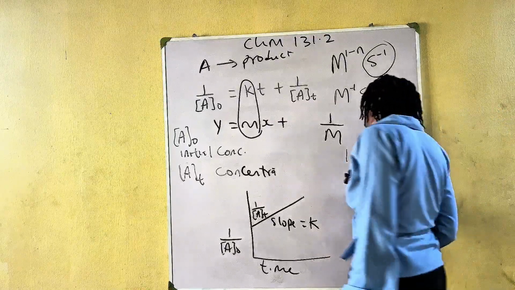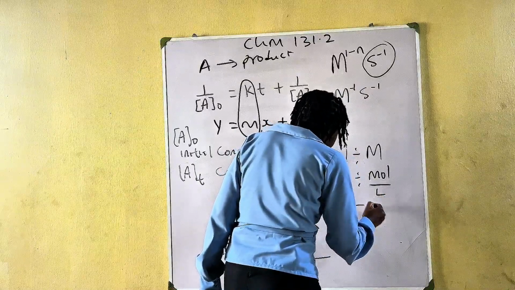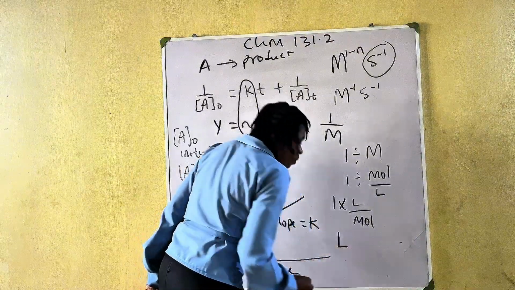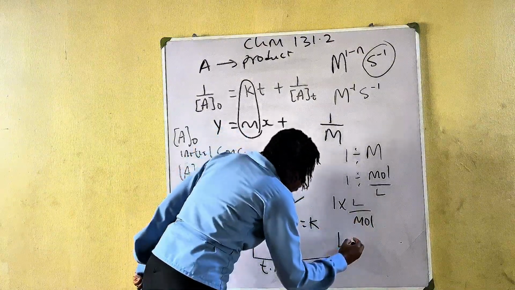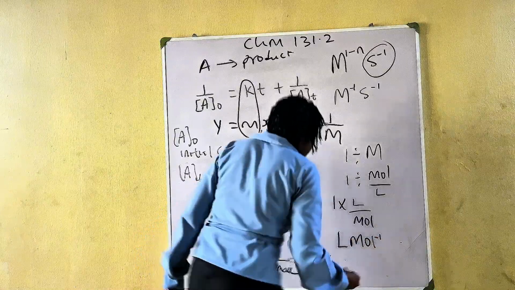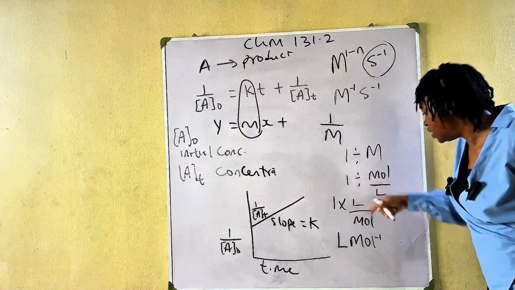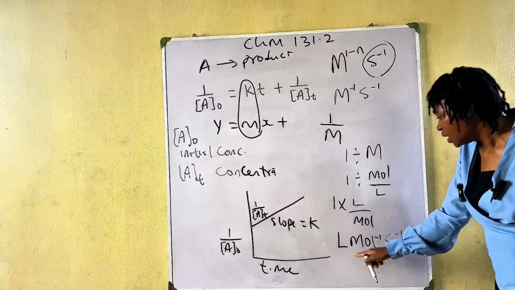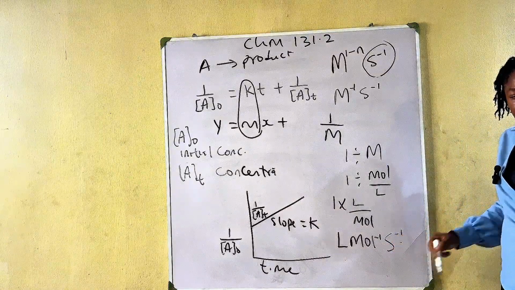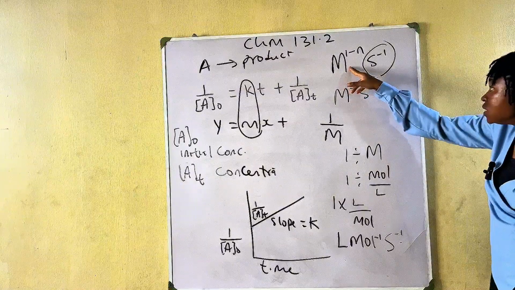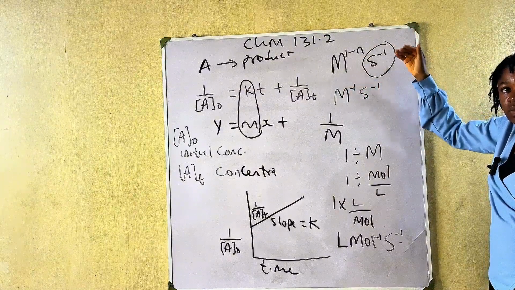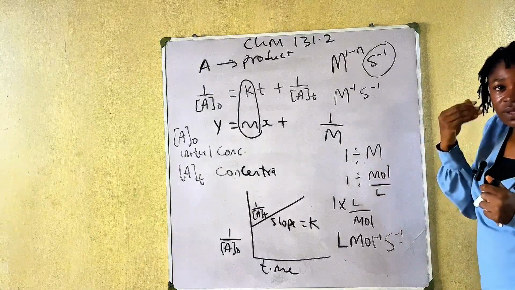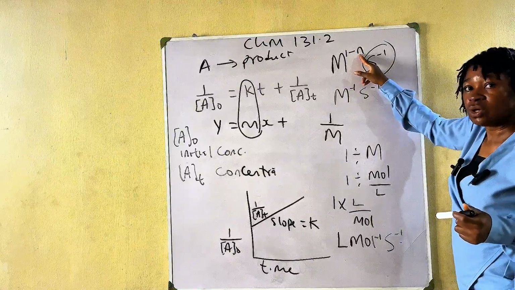So if I put a multiplication sign and inverse this, I get liter per mole, and then the per seconds is constant in all. So the unit for second order reaction is liter per mole per second. Anytime you are confused, you just use this 1 minus n. So with this you can do third order reaction too. Even though we're not considering third order reaction, if you are asked the unit for third order reaction, 1 minus 3 gives you minus 2.